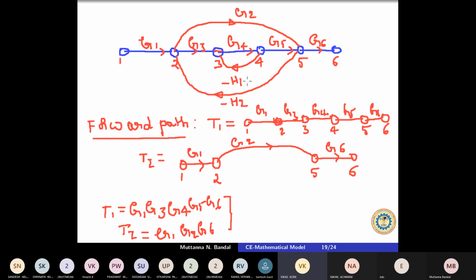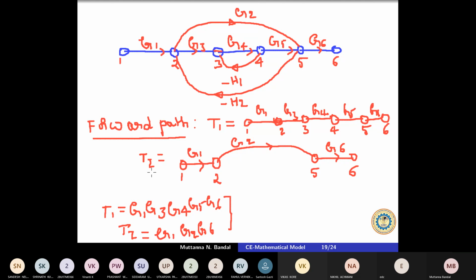Clear? Sir, loop 1 is in the forward path, no, sir? Loop 1 is in forward, no, sir. What is that loop? 2 to 3, 3 to 4, and 4 to 5 to 2, sir. It can be any loop. It doesn't matter whether it is in the first forward path or the second forward path.